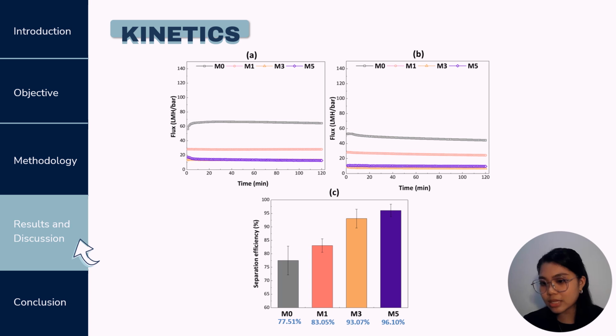Now for the kinetics, we can see here that figure A is the pure water flux, and then letter B is the tetracycline flux.